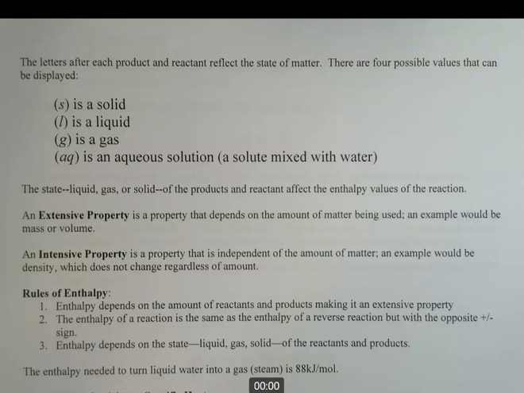But in other words, density is an amount of mass per unit volume. So if you double the amount of volume of that substance, you're going to double the mass. If you triple the amount of volume, you're going to triple the mass. So the relationship between mass and volume stays the same, whether it's a big piece of wood or a small piece of wood, whether it's a big piece of iron or a small piece of iron.